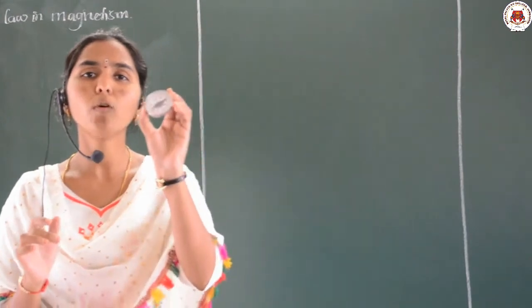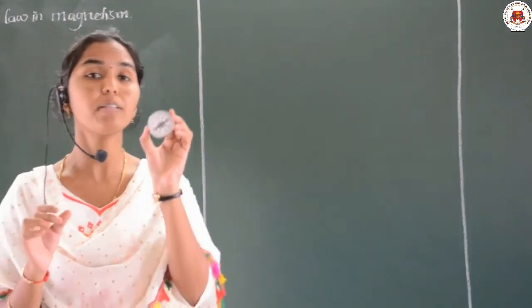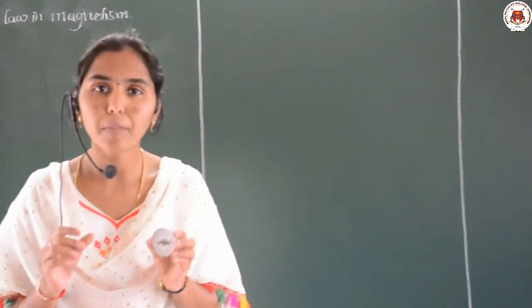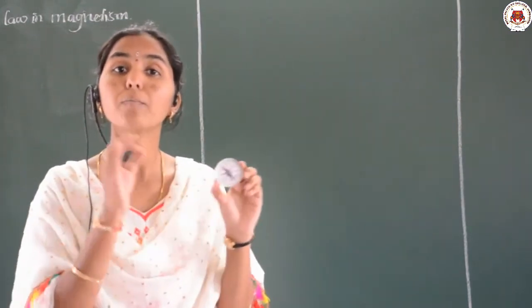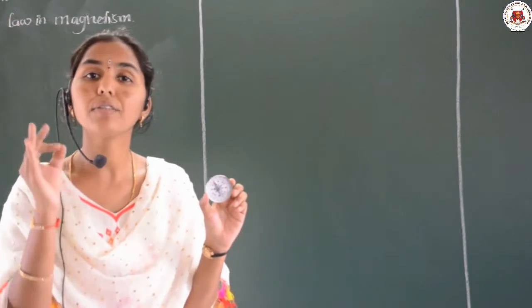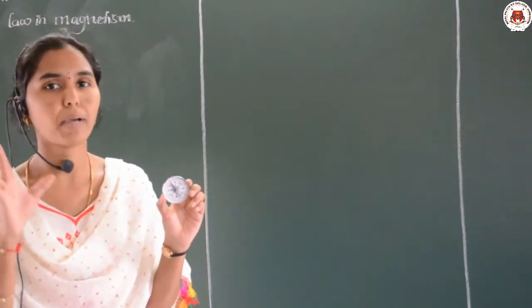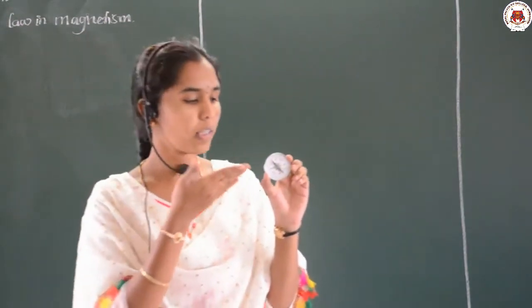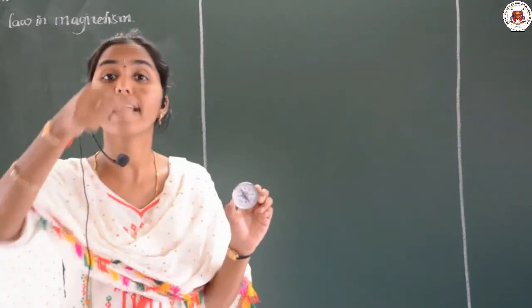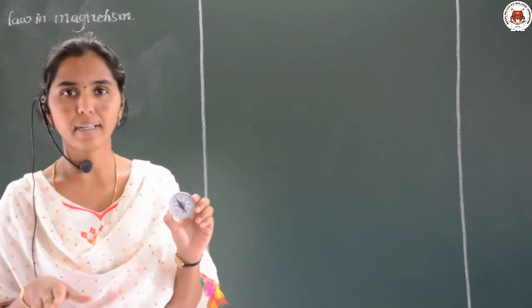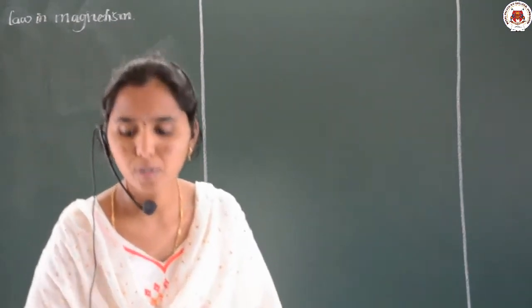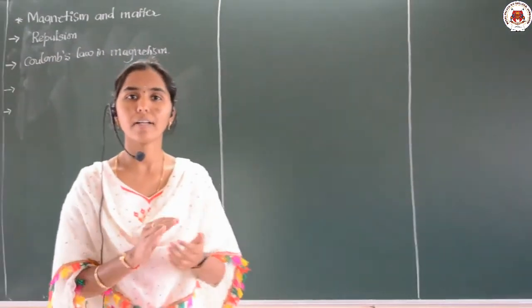And one more very important thing about using the magnetic compass is that with the help of this we can plot the magnetic field lines around a given magnet. See dear children, this will help us to trace the magnetic field lines around a given magnet. Okay? I hope you understood the points whatever I talked about now.